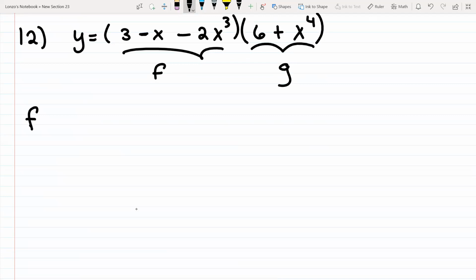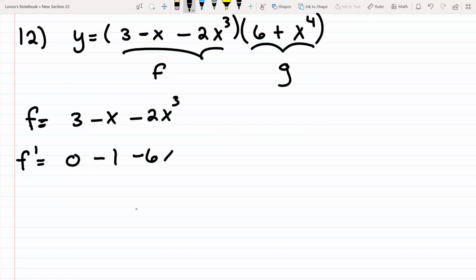So f equals 3 minus x minus 2x cubed, and then f prime would be the derivative of 3 is 0, the derivative of negative x is -1. The derivative of negative 2x cubed would be negative 6x squared.